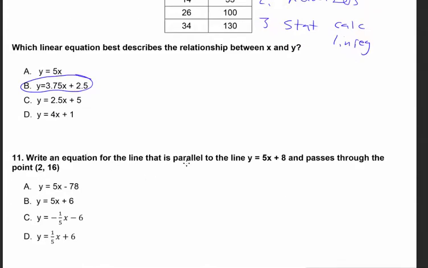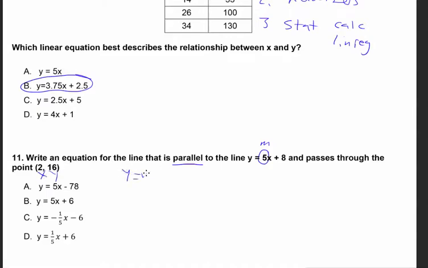So we need to write the equation for a line that is parallel to this one. And I know that parallel means the same slope. So our line is going to have a slope of 5. And it also needs to pass through the point (2, 16). This is an x value and a y value.